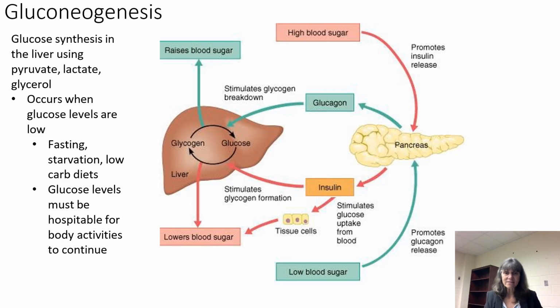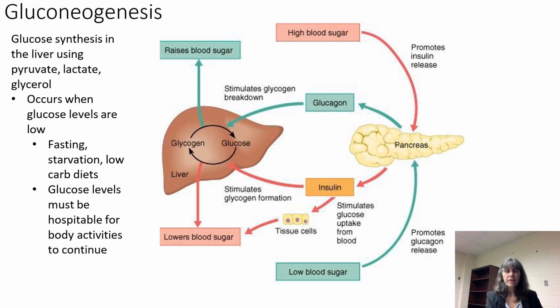If somebody is fasting or starving or just eating a low-carb diet and sugar levels fall, the pancreas will produce and release glucagon. Remember, the beta cells in the islets of Langerhans are going to produce and release insulin, but the alpha cells in the islets of Langerhans in the pancreas are going to produce and secrete glucagon when blood sugar levels are low.